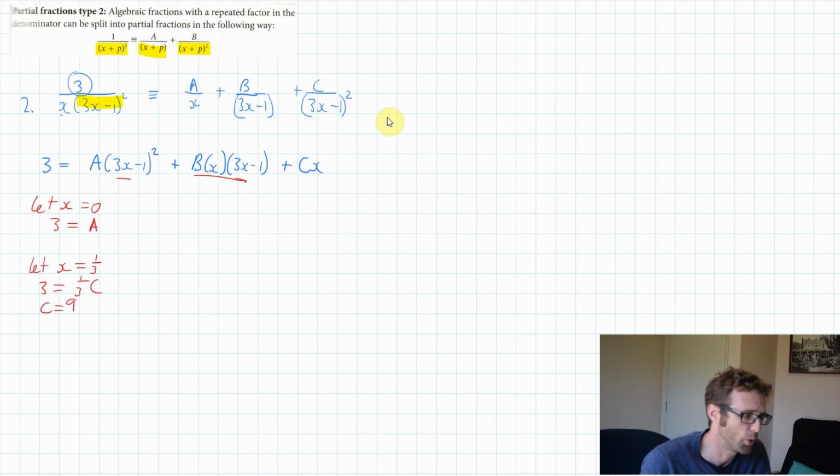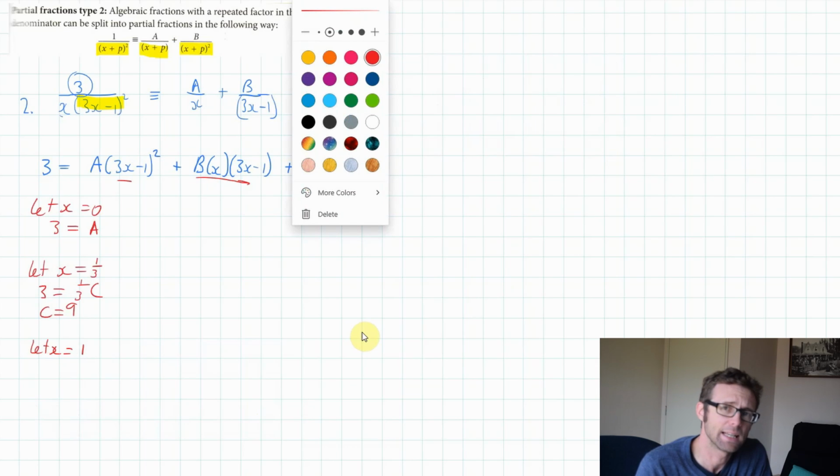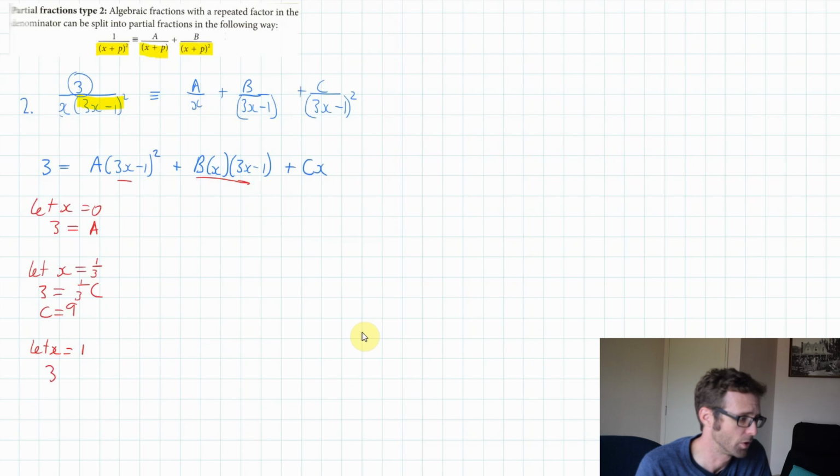So, okay, at this point, guys, we've got a and we've got c. We now need to find b. And what I'm going to do for this is make x equal to 1. So I know in that case that 3 is equal to a, which is 3, into 3 times 1, minus 1 all squared, plus b, which I don't know, times 1, because x is 1, into 3 times x, which is 3 times 1, minus 1, close bracket, plus cx.